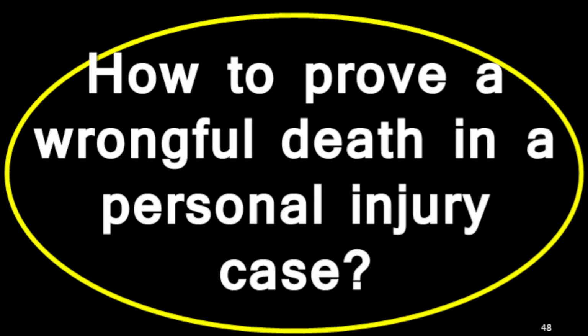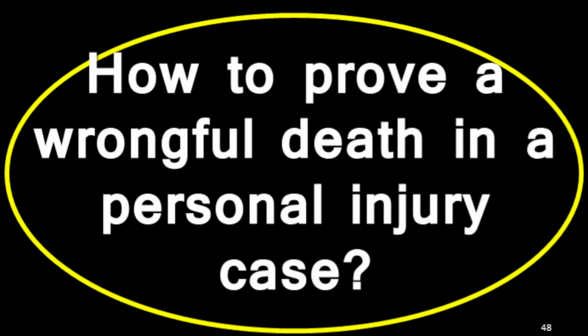This could involve negligence, for example, a car accident caused by a driver running a red light; medical malpractice, a doctor's failure to diagnose a condition correctly; or intentional harm, if the death was caused by assault or homicide. You need evidence such as accident reports, medical records, witness statements, and expert testimony to show how the defendant's actions led to the death.